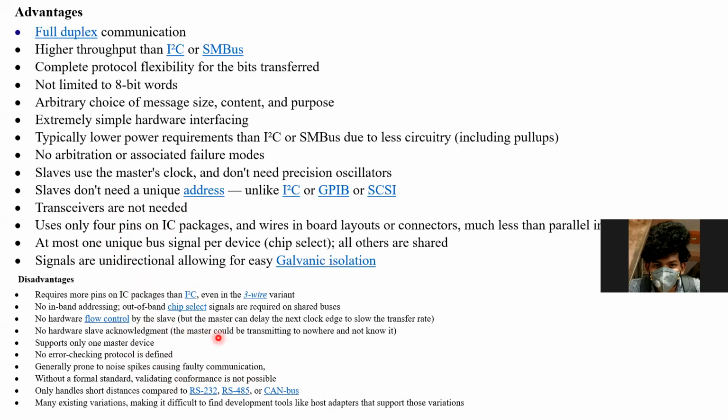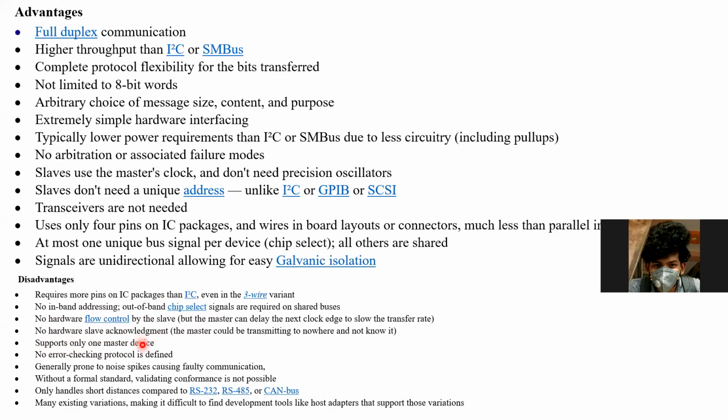We don't have an address, so every time I want to select a particular slave device, I need a chip select signal. And there is no acknowledgement from the slave. In I2C, once the address is matched, it will send the acknowledgement signal, but here we don't have any acknowledgement signal.